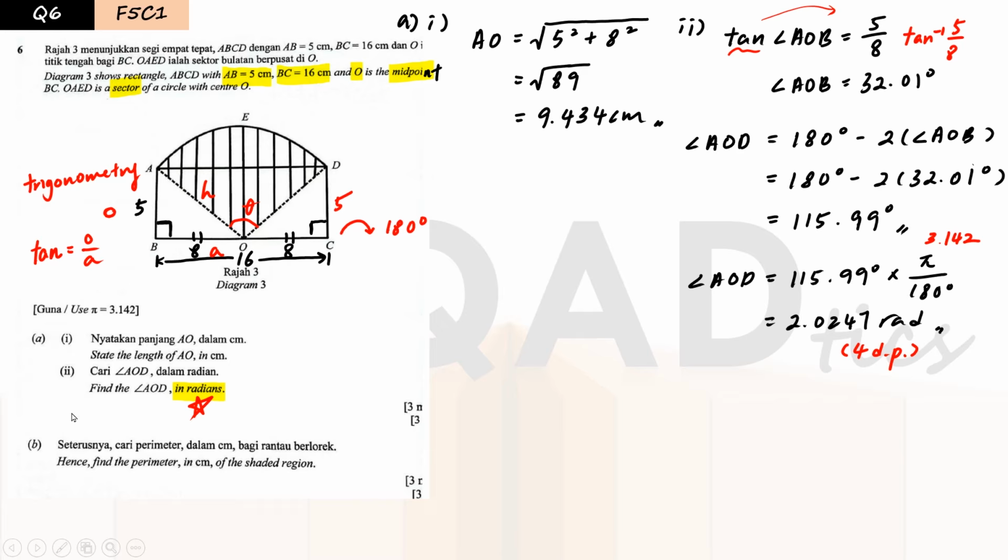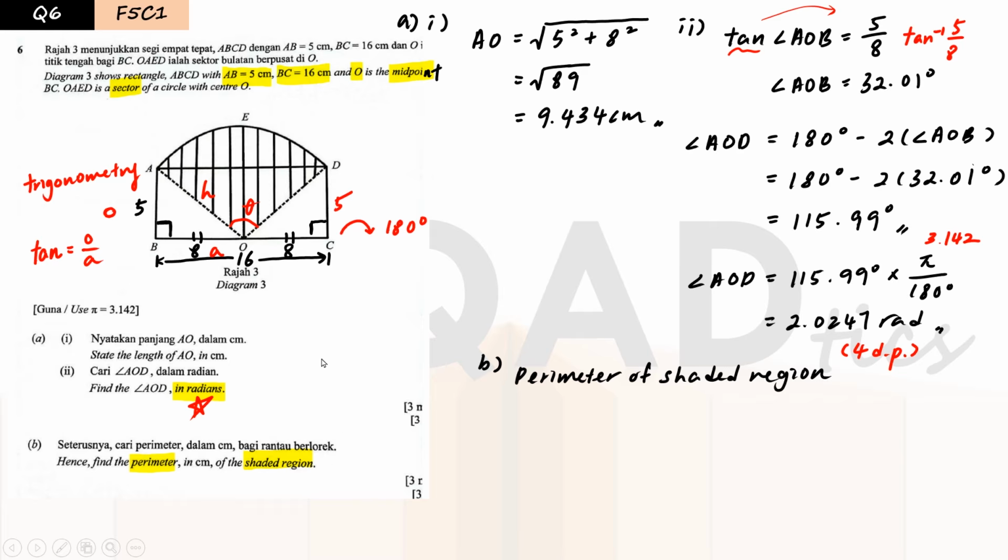And for part B, here it says hence. So hence means that we can use the answers we have gotten in part A to help us in part B, right? And we need to find out the perimeter of the shaded region. So to find out perimeters, first we need to identify the lines of the shaded region.